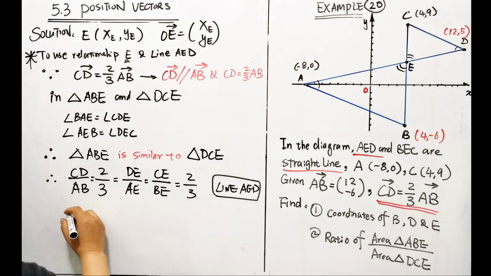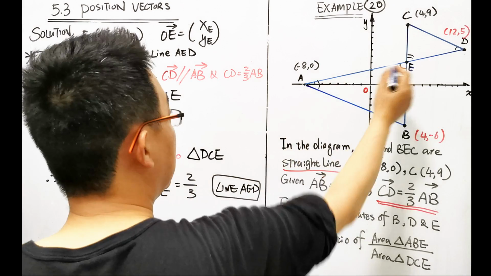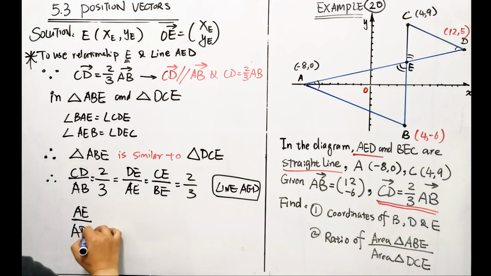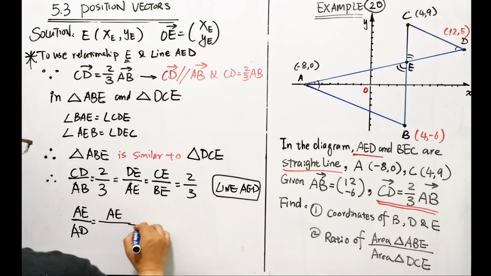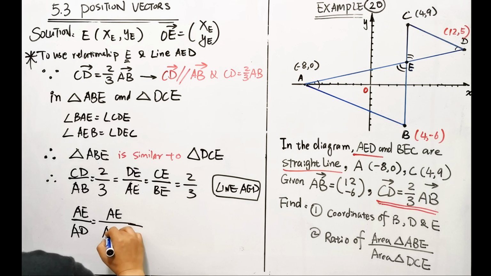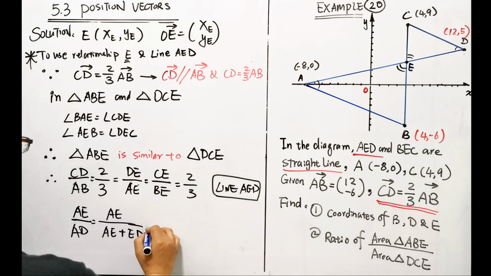From here we also can find out AE over AD. So what's the ratio? The ratio will be AE over AE plus ED, right? Is that correct?